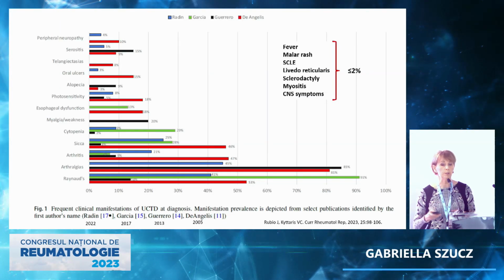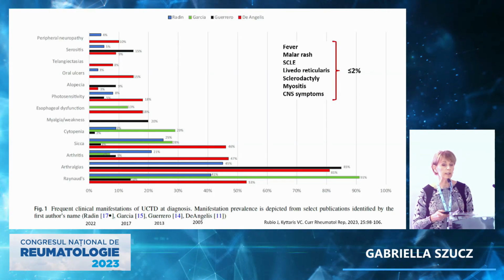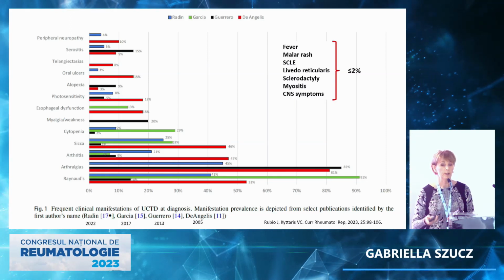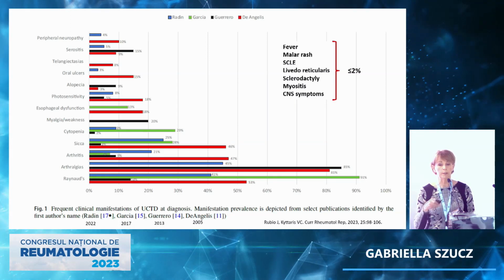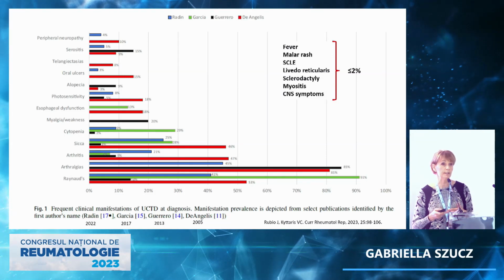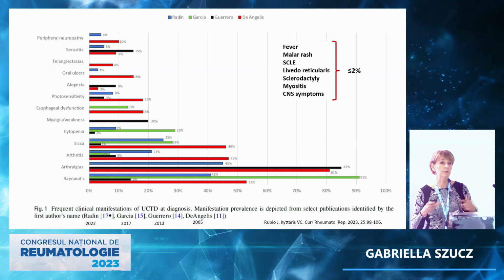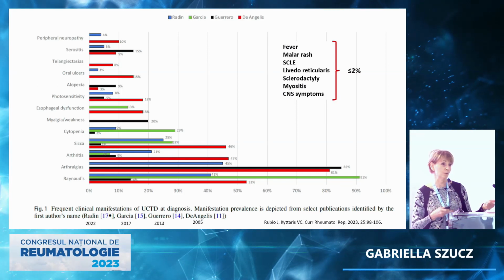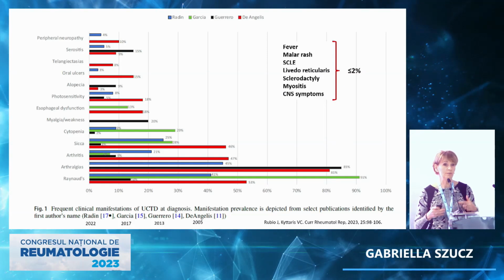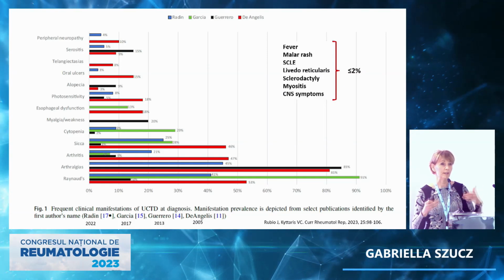Let's see further. What were the frequent clinical manifestations of UCTD at diagnosis? You see at the bottom of the slide the Raynaud's, the arthralgias, arthritis, which was similar to the results of Professor Mosca from 2006. So nothing changed from that time.